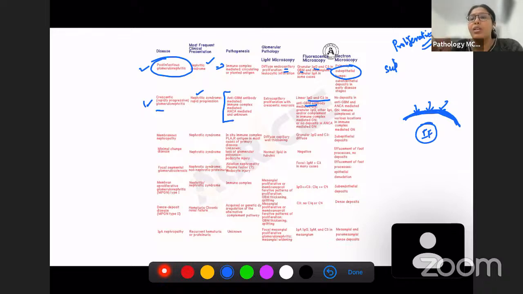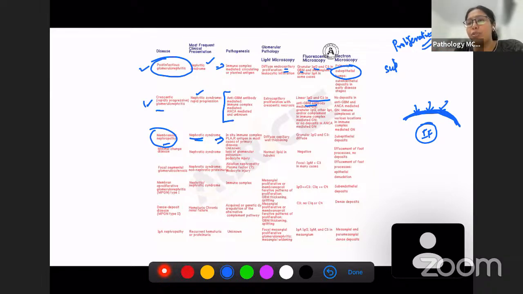Okay. Next is membranous nephropathy. We know that membranous, minimal change disease, and also focal segmental are predominantly nephrotic range diseases. So this is a nephrotic disease. The pathogenesis includes antibody against an antigen, which is actually present in primary cases of membranous nephropathy.